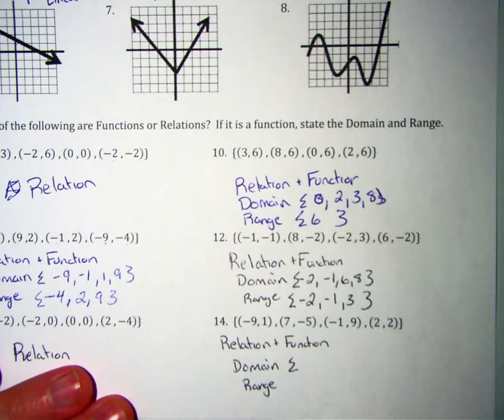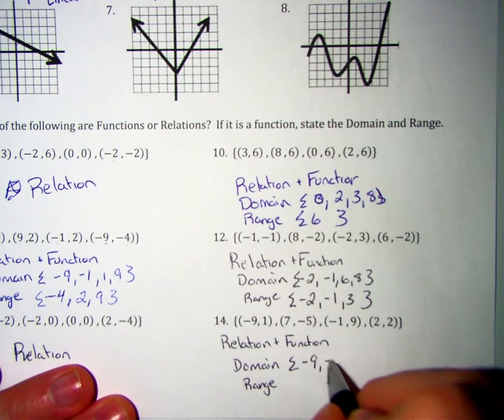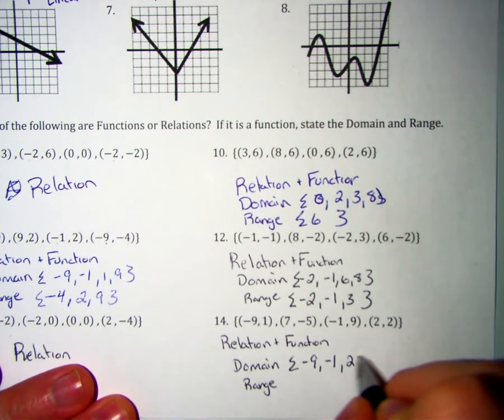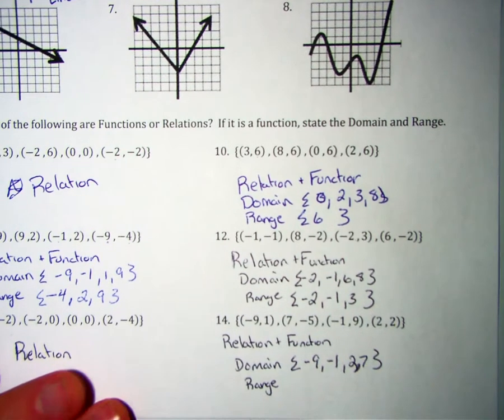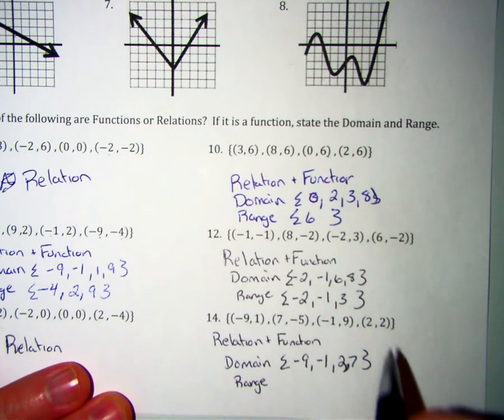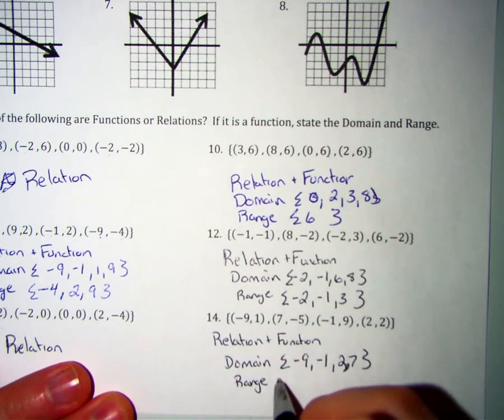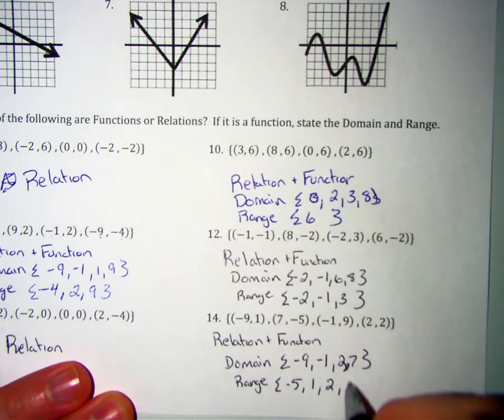The domain is going to be my lowest x value: -9, -1, 2, and 7. My range will be my list of possible y values, starting with my lowest. Looks like we have -5, 1, 2, and 9.